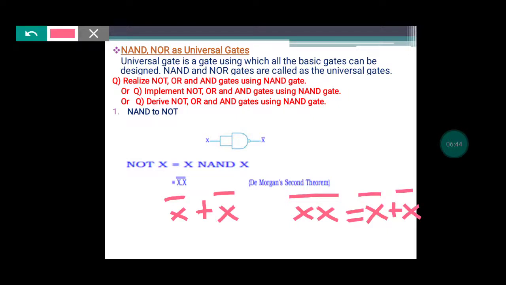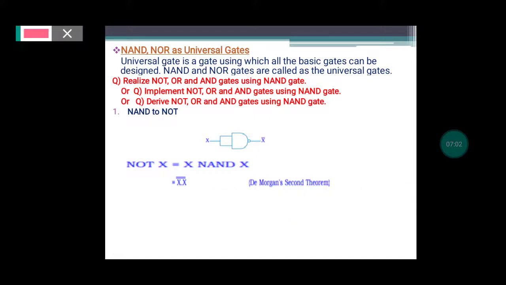When we study the second chapter, I will tell you how this equation comes, and we will have a derivation for that. Right now just remember De Morgan's theorem. The second theorem is x NAND x, which I can also rewrite as x bar plus x bar. Same thing, just rewriting the term.